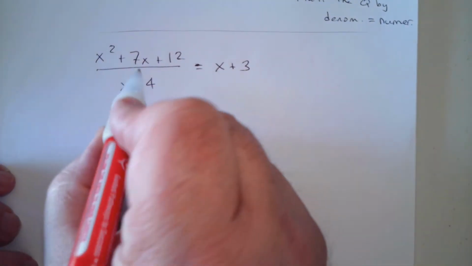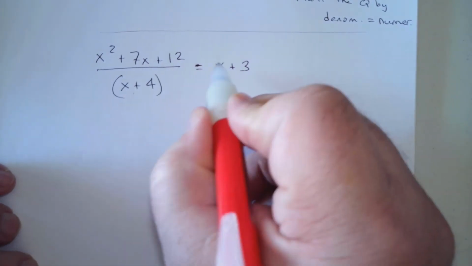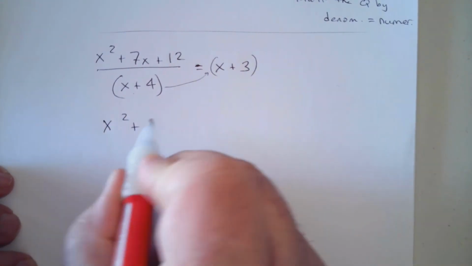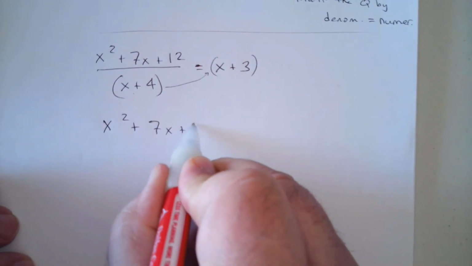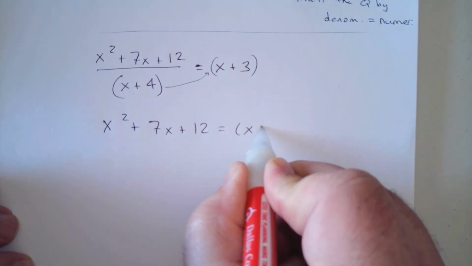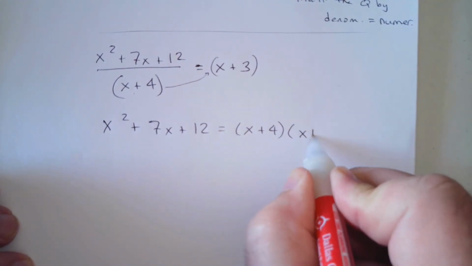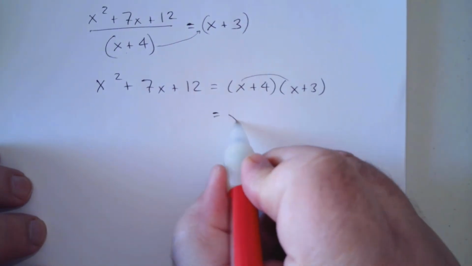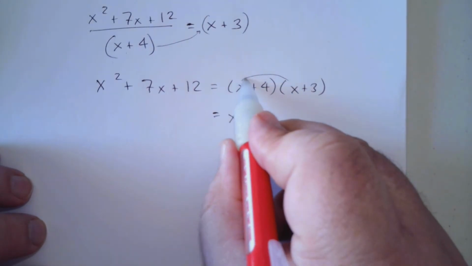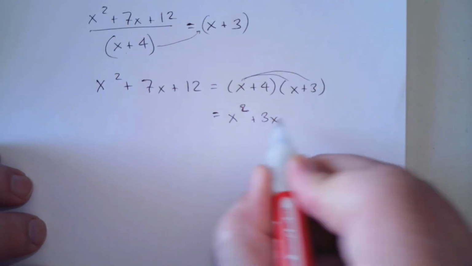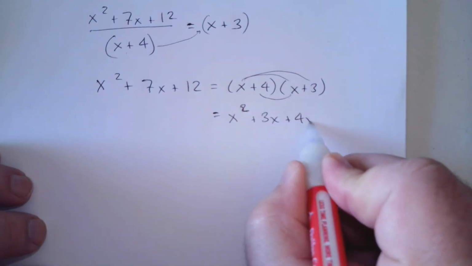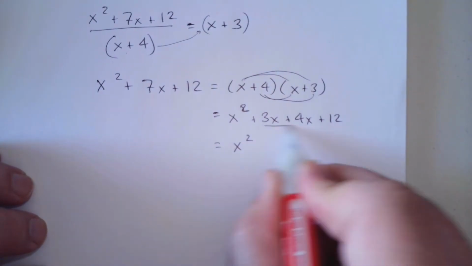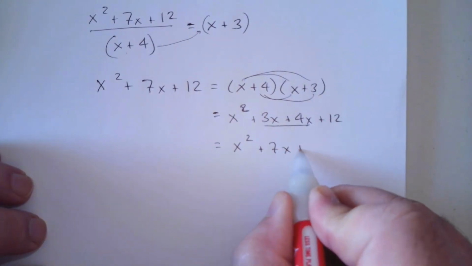So let's check it. Take this denominator and multiply it to the other side. X plus 4, x plus 3. X times x is x squared, plus 3x, plus 4x, plus 12. x squared plus 7x plus 12.